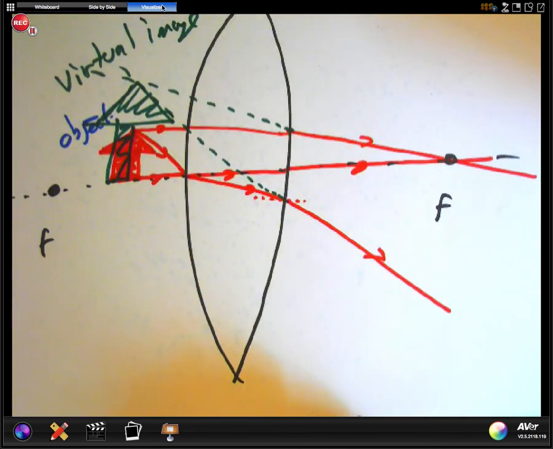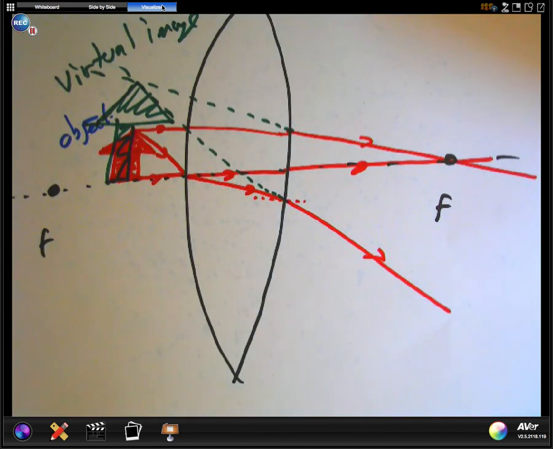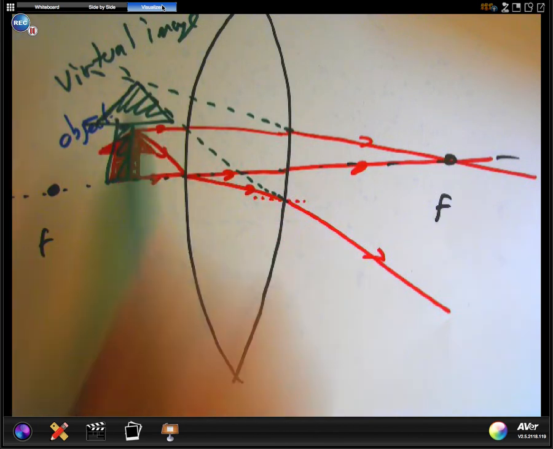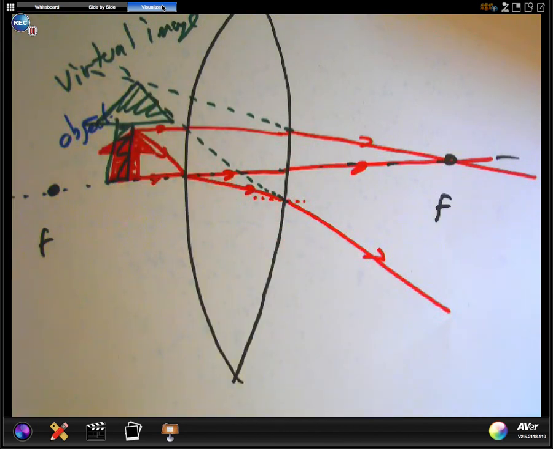And what do you notice about that image? Well, it sort of looks like it's on the exact same position. Now that's just dumb luck based on my diagram. It won't always be in the exact same position, but hopefully what you do notice is that it's significantly larger.